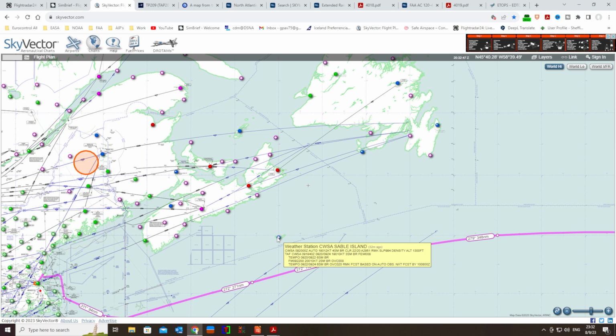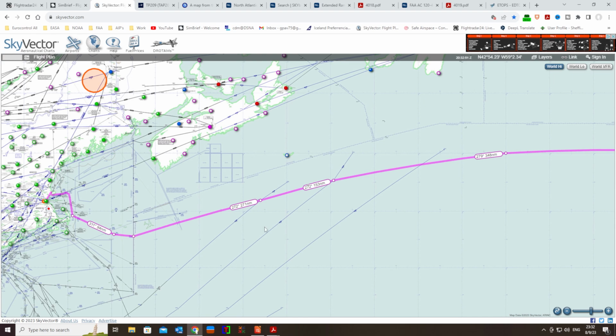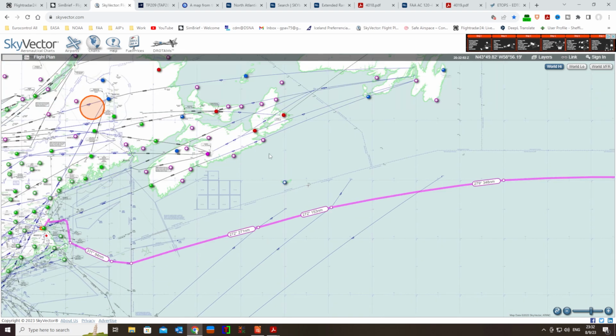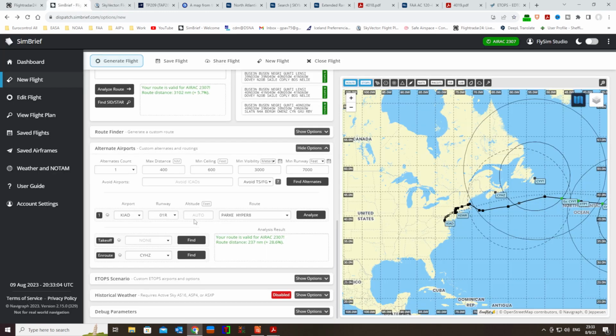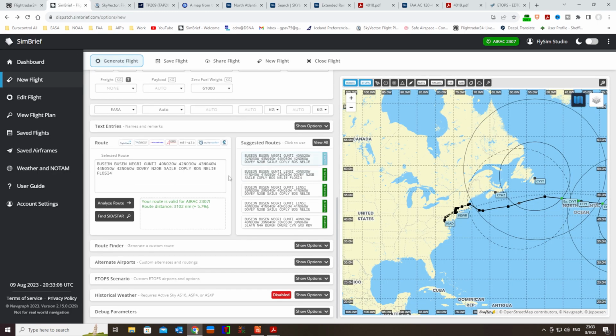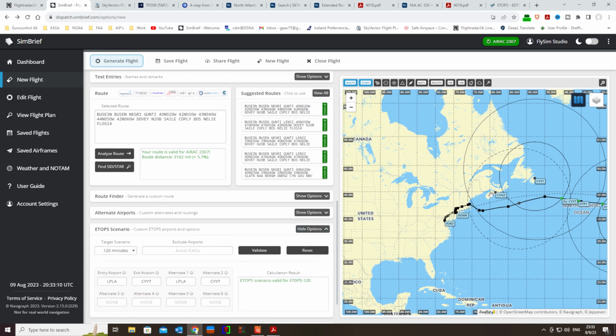As I told you also, this airport, I don't like it. This is IFR. This is Greenwood, Charlie Yankee Quebec India. Just for the sake of the example, let's check ETOPS with a different airport.